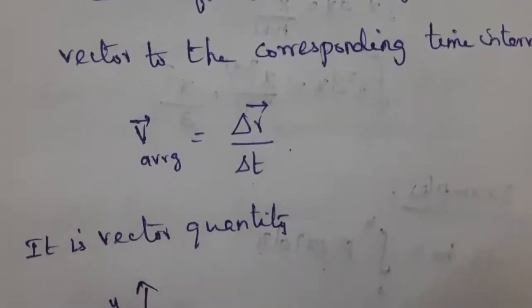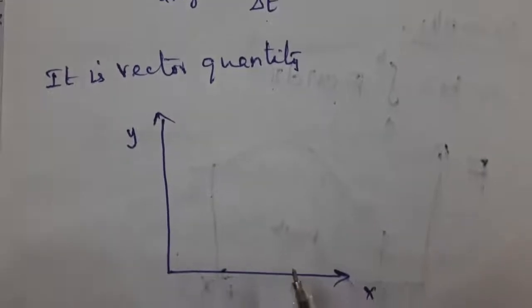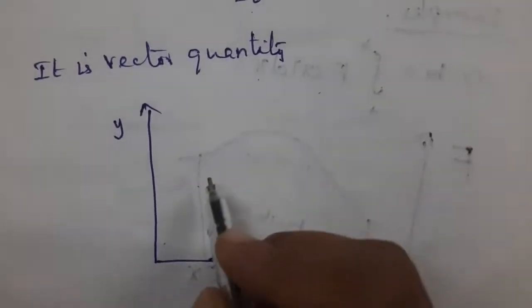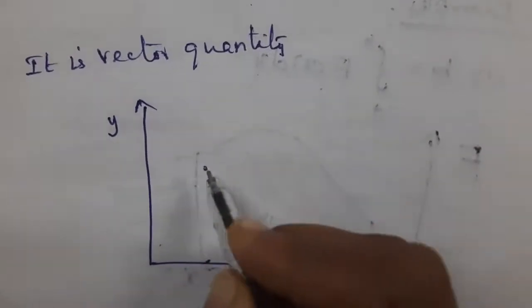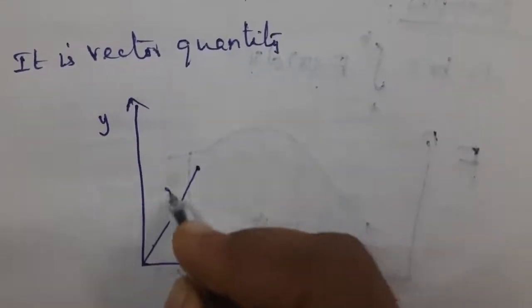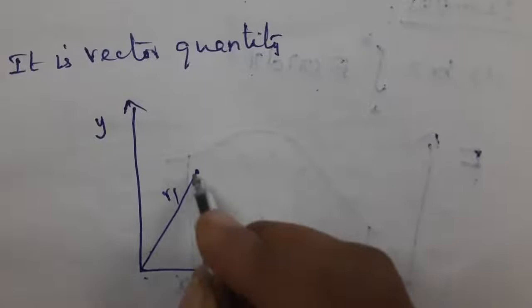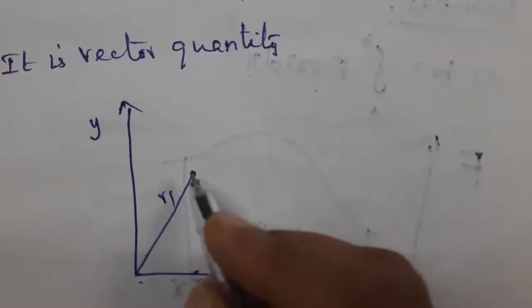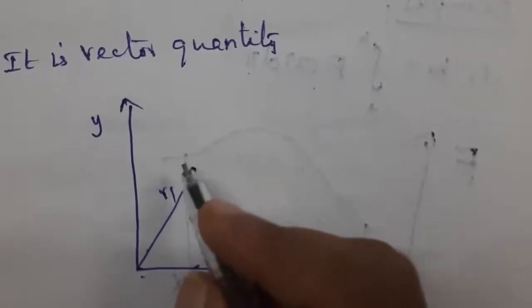It's a vector quantity. So consider a particle which is located initially at the point P, having the position vector r1. This is the x-axis, this is the y-axis, this is the initial position of the particle.